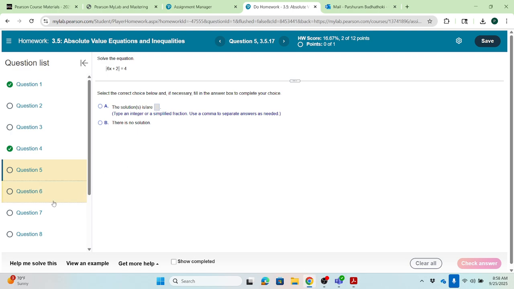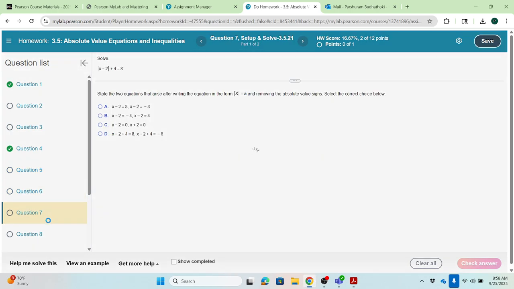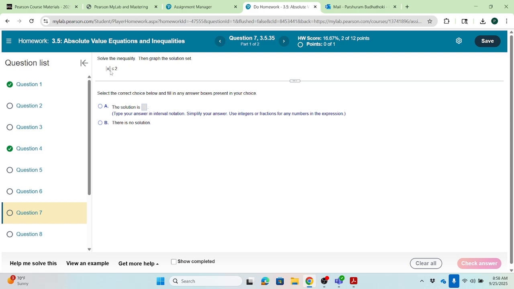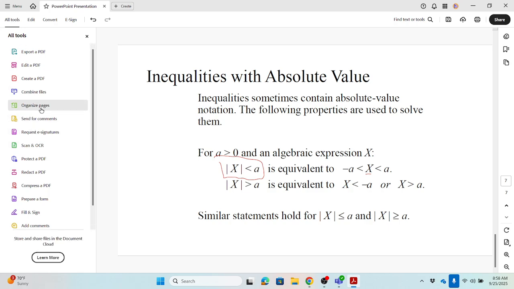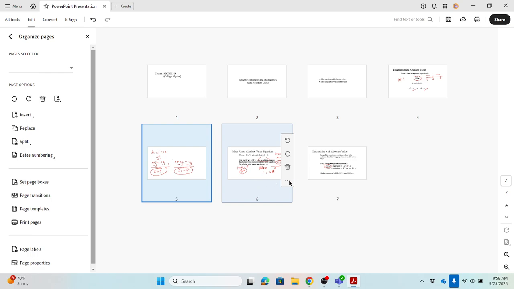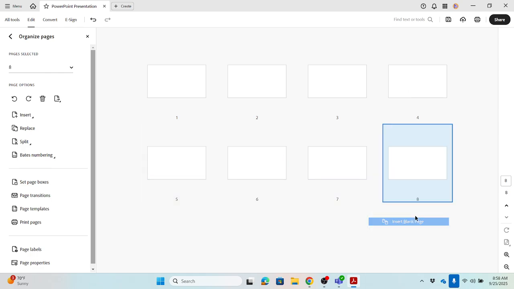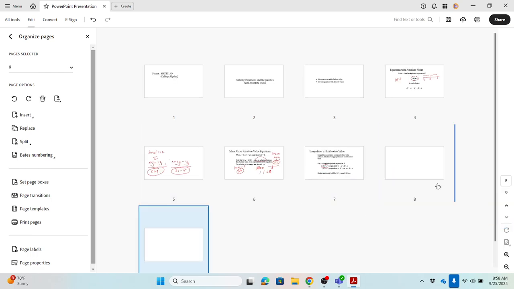For example, let's say this one: the absolute value of x is less than or equal to 2. The meaning of this is x is supposed to be in between negative 2 and positive 2. Why is that? I'm going to tell you why. Look at here.